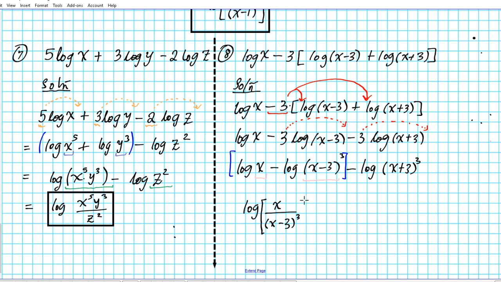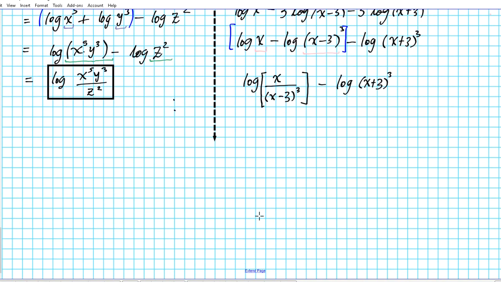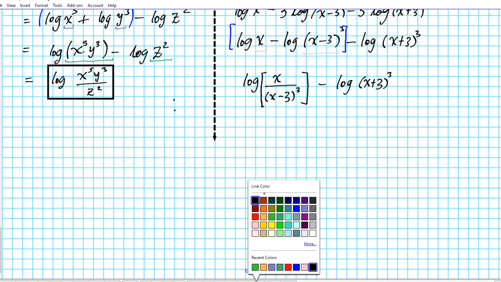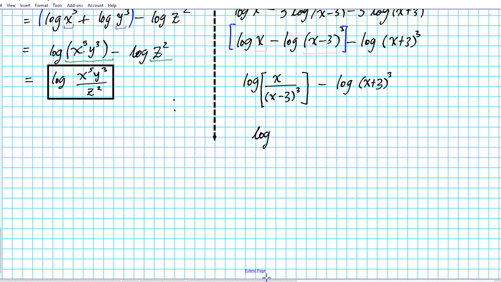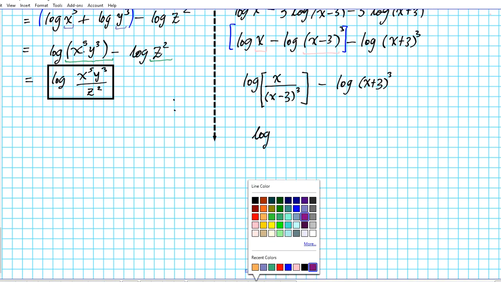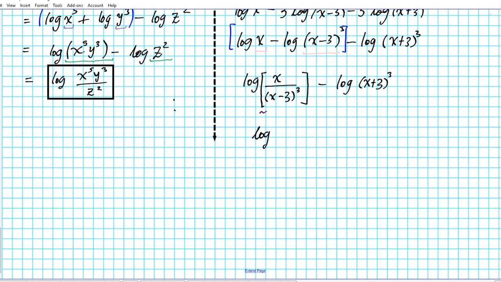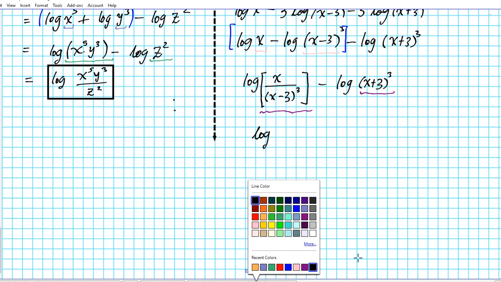Okay, all right, this minus log of x plus 3 to the third power. We are now going to apply the quotient property again because we have two logs that have been subtracted from one another. So we're going to condense them into the logarithm of the quotient of the logarithmic arguments. We have this monstrosity over here that will be the numerator, divided by this argument right here, x plus 3 to the third.